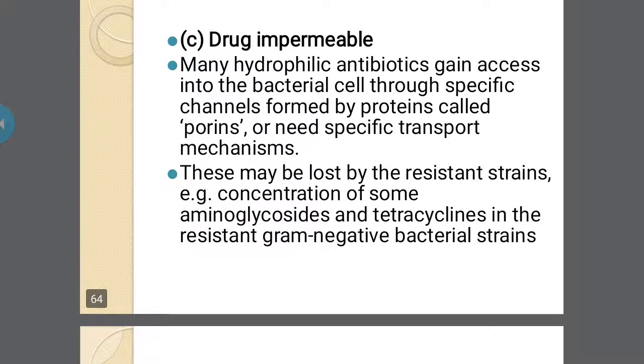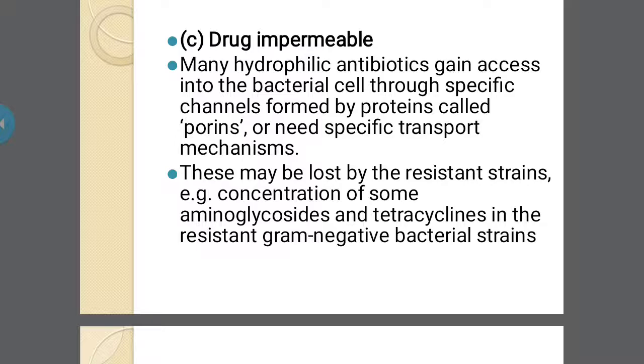Drug impermeable. Many hydrophilic antibiotics gain access into the bacterial cell through specific channels formed by proteins called porins, or need specific transport mechanisms. If these are damaged in resistant strains, the drug cannot achieve a higher concentration inside the bacteria. The concentration of some aminoglycosides and tetracycline in resistant gram-negative bacterial strains is reduced.